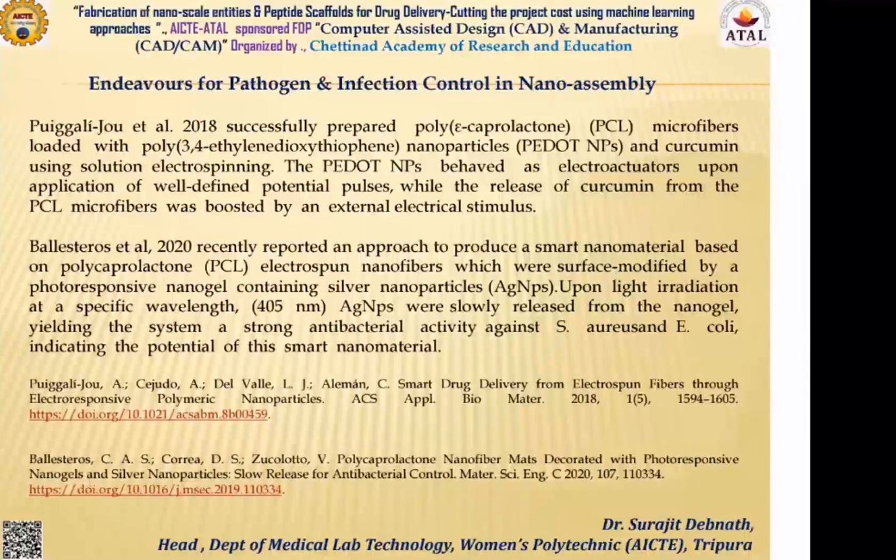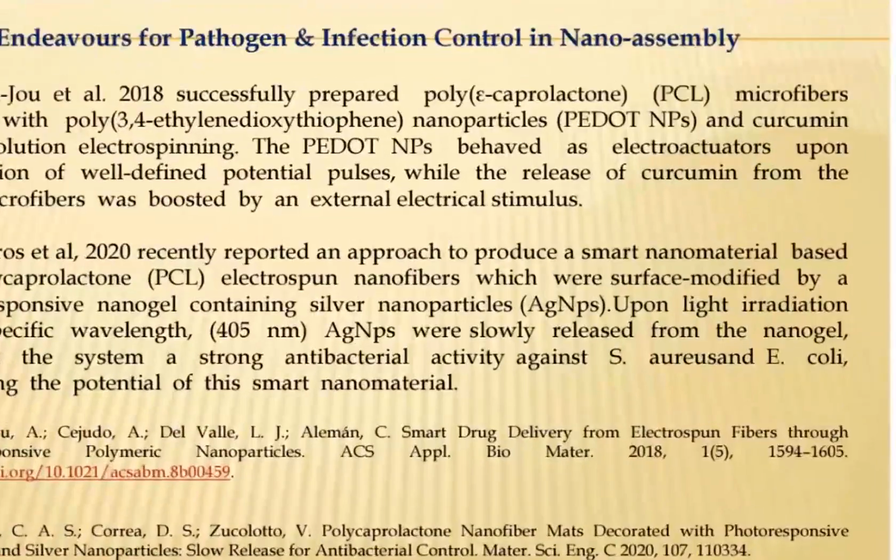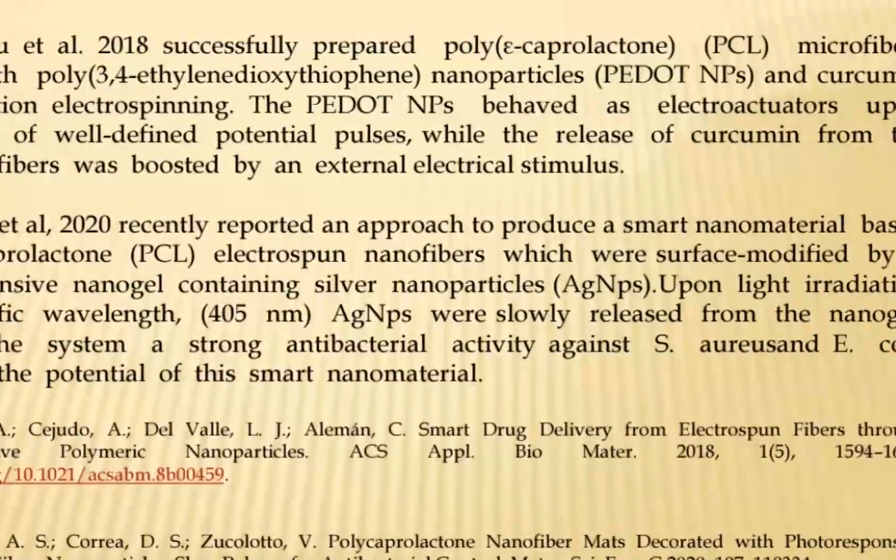Many studies have been reported in 2020. Recently, they have used a smart nanomaterial-based PCL electrospun nanofiber, and they have embedded silver nanoparticles as well to make the scaffold anti-pathogenic.